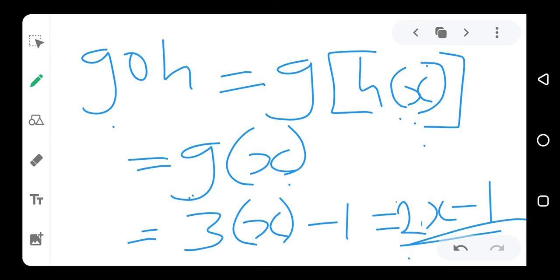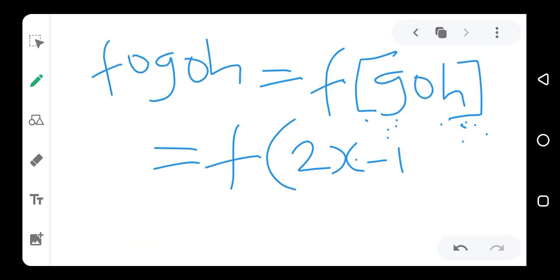So we now put 2x minus 1 into every x in f of x. f of x is equal to 3x plus 1.